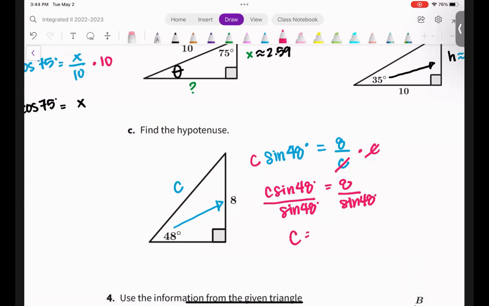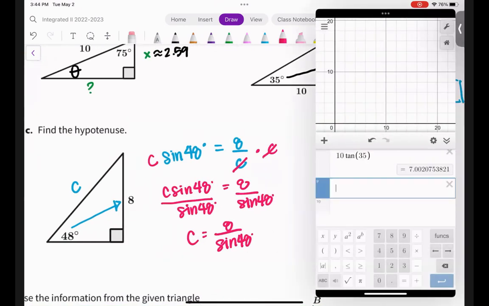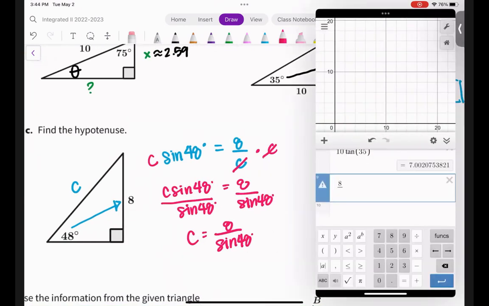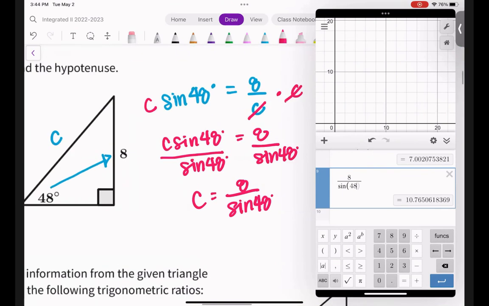So c is equal to 8 over sine 48, which should feel a little weird. You're like, Ms. Johnson, I didn't know we could divide by sine 48. It's a number, so of course you can, right? So I'm going to go on my calculator, and I'm going to go 8 divided by sine of 48. And this is the reason why I like Desmos so much, is because the way it looks in the calculator is the way it looks right here, right? It looks exactly the same.